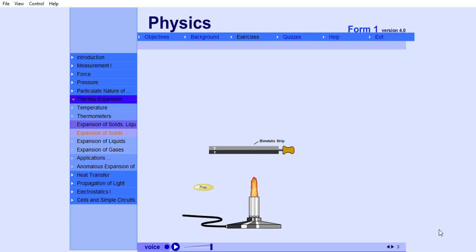In the following demonstration, a bimetallic strip is heated directly on a flame. Click on the play button and observe the effect of heating the bimetallic strip.